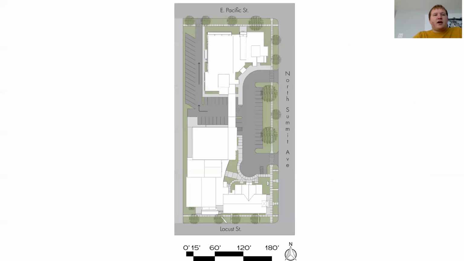Looking at the site plan now, the main things you can take away from it are the parking lot and the 3 connections to streets. The 2 on the eastern side are entries and exits, while the northwest one is just an exit. It will help with the flow out of the parking lot.